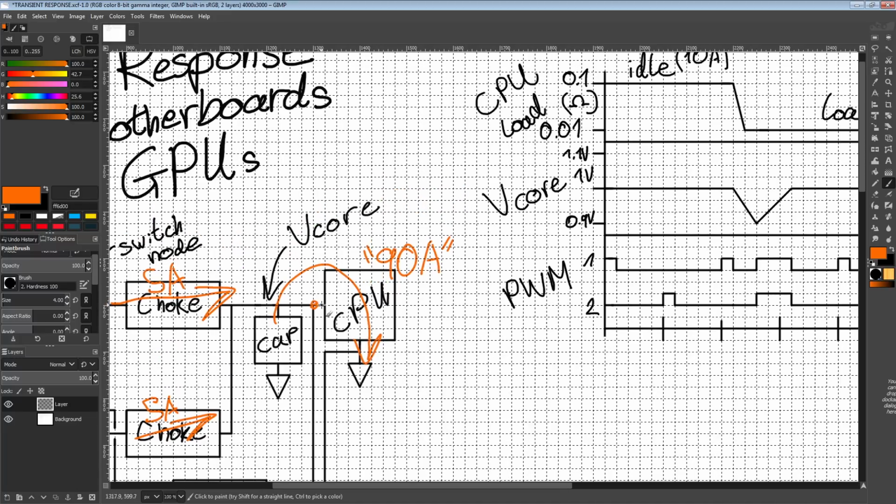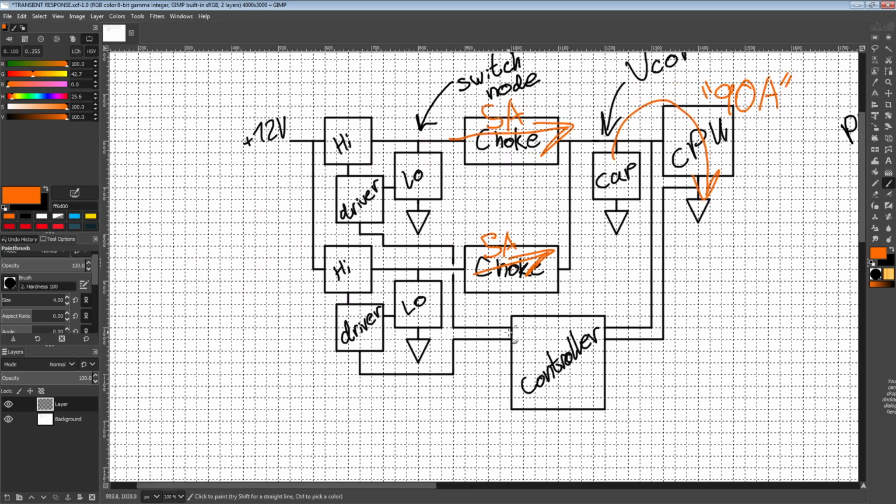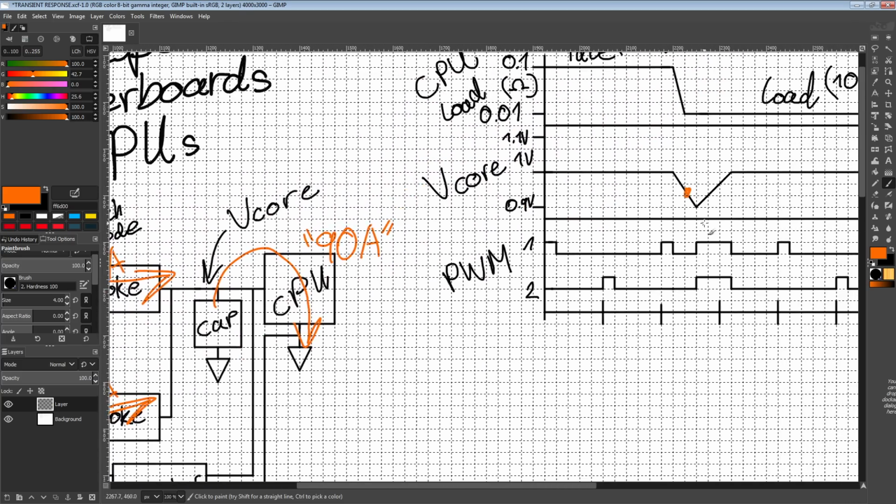But eventually our controller is going to be like, wait a minute, we are way off where we're supposed to be, right? We're aiming for 1 volt here. This point right here, it's not 1 volt. That's like 0.93 volts or something. And so at this point, our controller is like, okay, the voltage is falling, and it is going to make an alteration to the PWM signal.